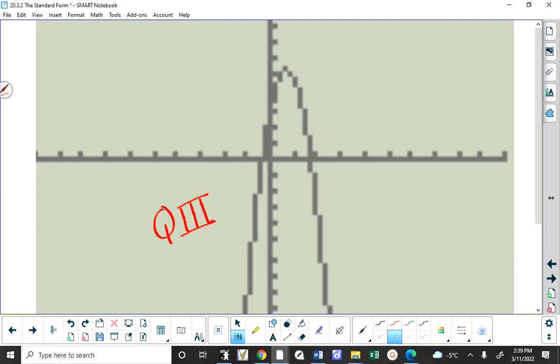So all of a sudden, since we have a new real world application, you can't just say the domain is any real number. Time, what's her time at negative 12 seconds? That doesn't make sense. So all of this, same with quadrant 2, all of this stuff needs to go.